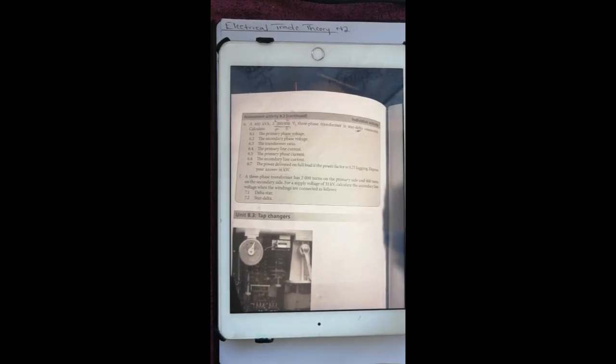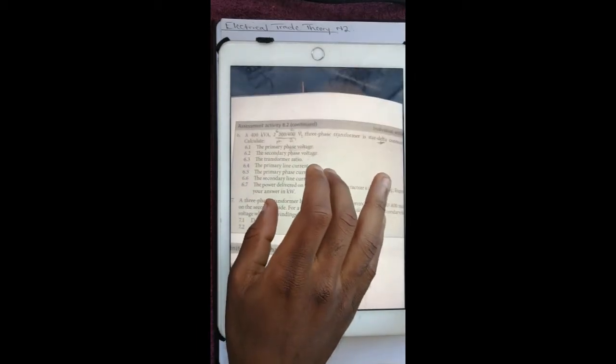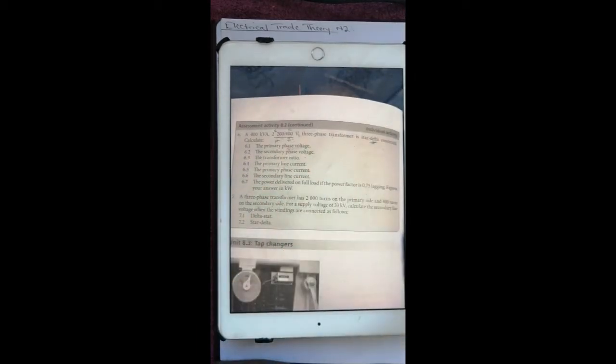We continue with electrical trade theory and transformers. Here we've got a question which says a 400 kilovolt amps, 2200/400 volt 3-phase transformer is delta connected. Calculate 1. The primary phase voltage, 2.